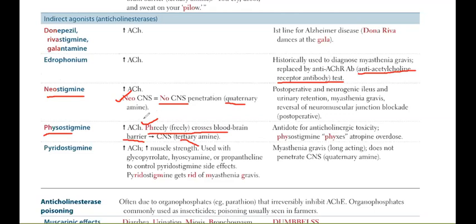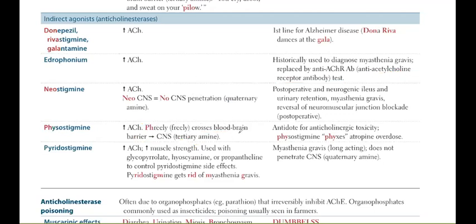And for physostigmine, PH is pronounced as F, so you can remember it as "free." That means it can freely cross the blood-brain barrier. So it has the tendency to cross the blood-brain barrier. These points are important.